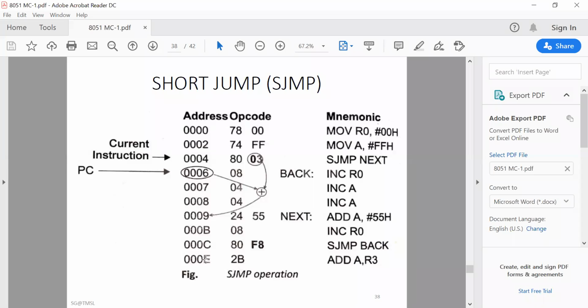Now since the displacement 08 is in the backward direction, it is specified in 2's complement, which is F8. So 08 is the actual, and as it is a backward direction, it must be in 2's complement form, which will be F8.